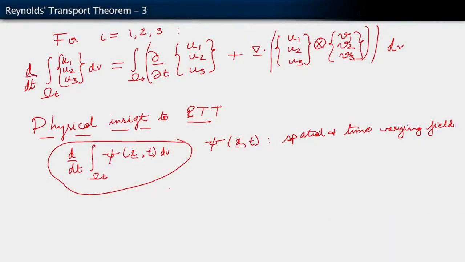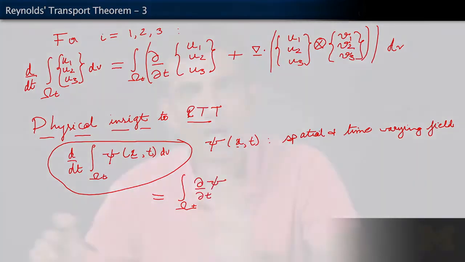What we're finding is that the transport theorem tells us that this can be written as an integral over the same volume, that volume at that instant in time, omega sub t, of simply the time rate of change of psi.